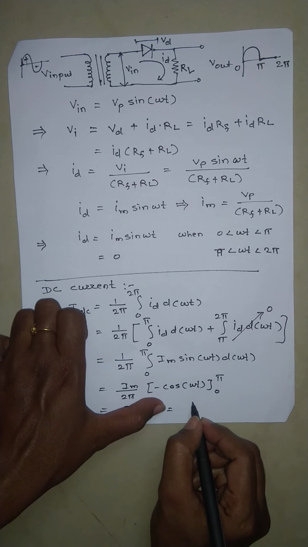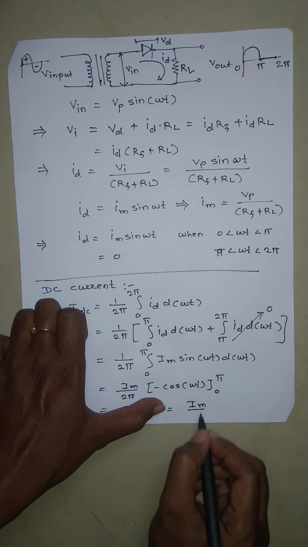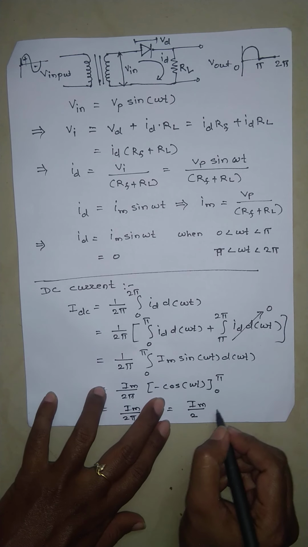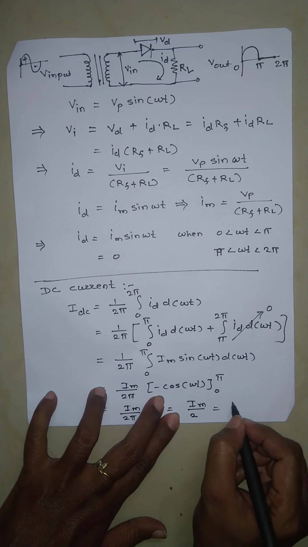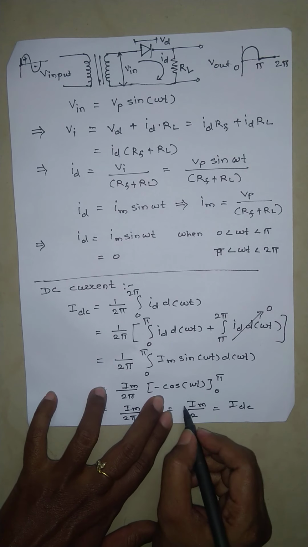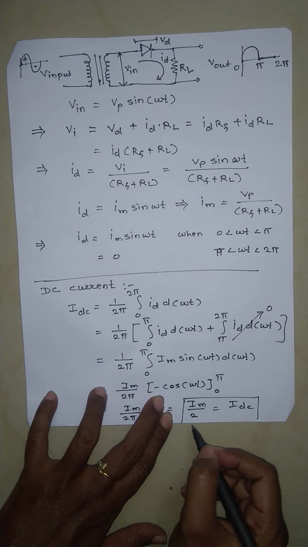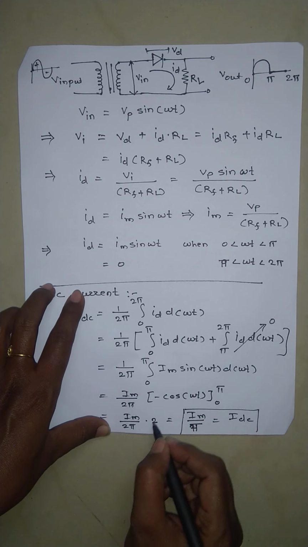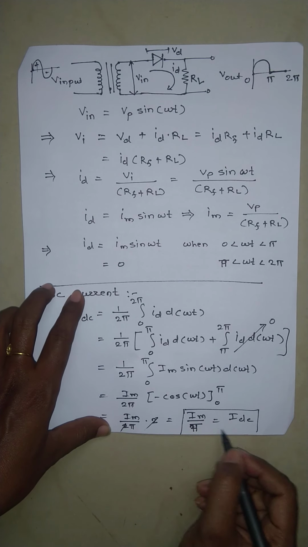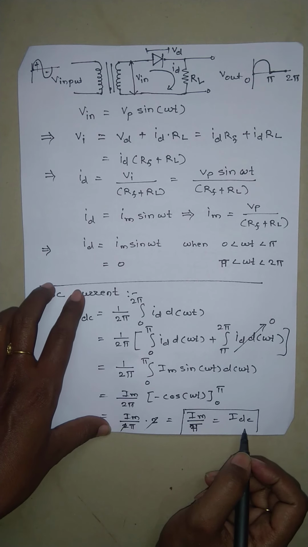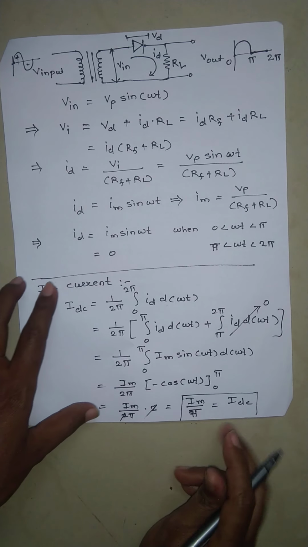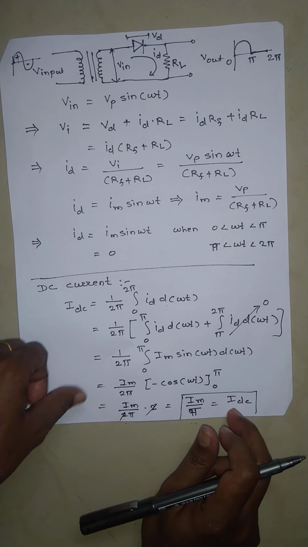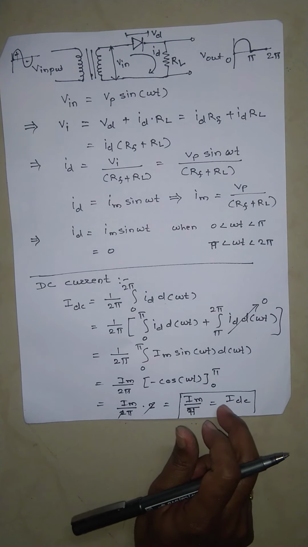So the expression for DC current becomes IDC equals Im divided by, this 2 will get cancelled, Im by pi. This is the expression for direct current, DC current flowing through the rectifier circuit.